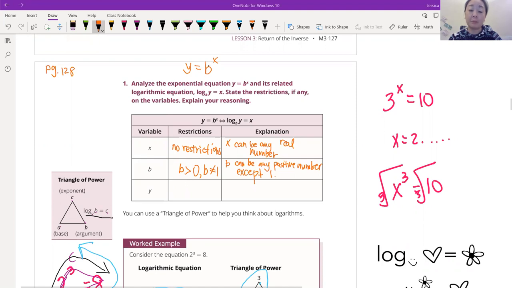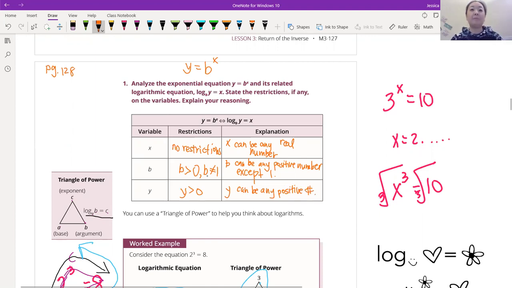And if the only number we're multiplying by is not 0, it's never going to be 0. So y is greater than 0. Y can be any positive number, period. It can't be negative.